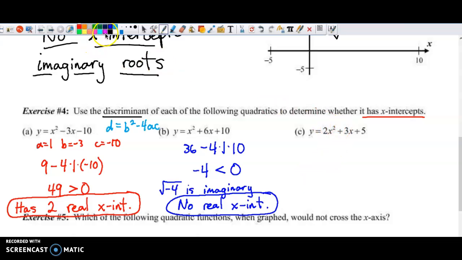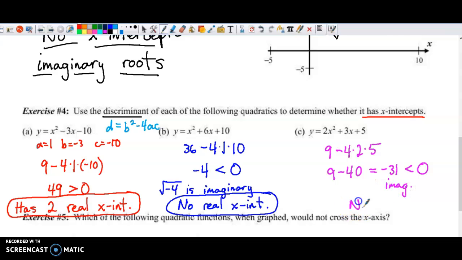And then the next one, again, b squared, so 3 squared is 9 minus 4ac. So I believe that's 9 minus 40. I don't really know what that number is. Maybe it's -31. I really don't care. I just care that it's negative. The square root of -31 is imaginary.